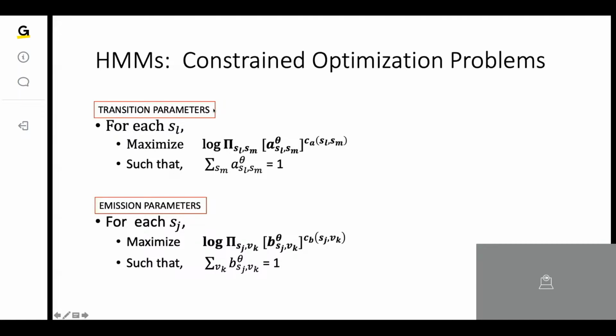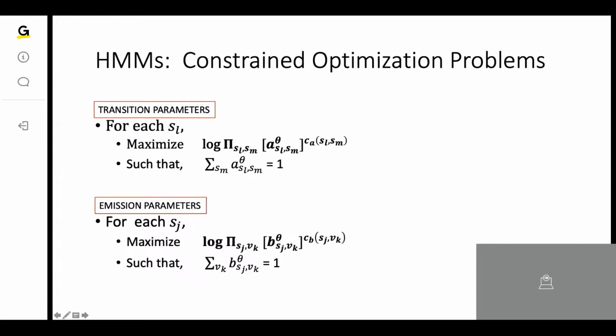For transition parameters, this is the objective function: the log of the product of the terms involved with transition parameters and the corresponding counts, using the constraint over the transition parameters. Similarly, for emission parameters, we can define the objective function and the constraint over the emission parameters.